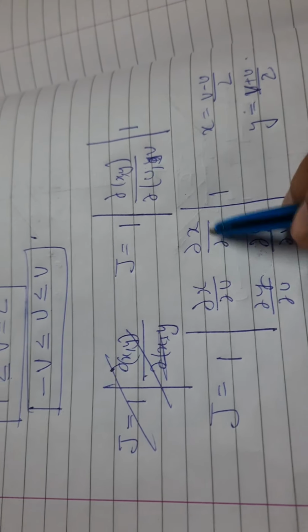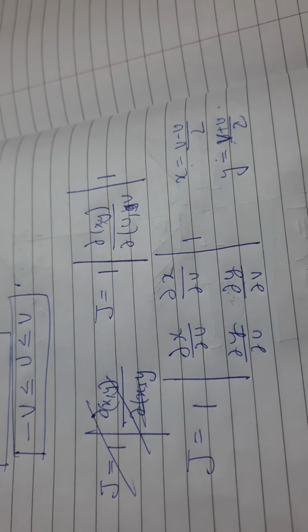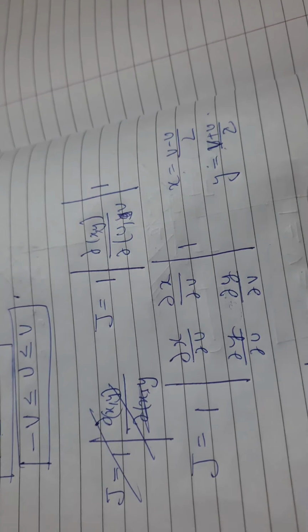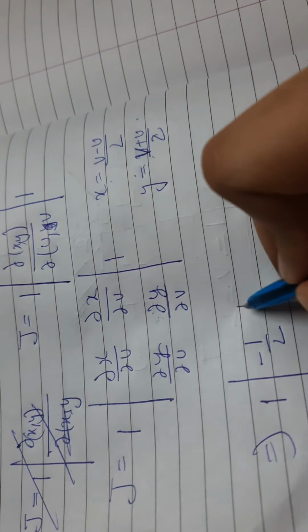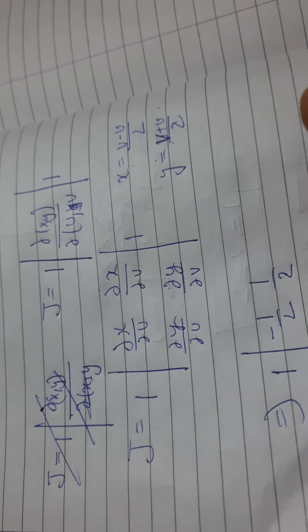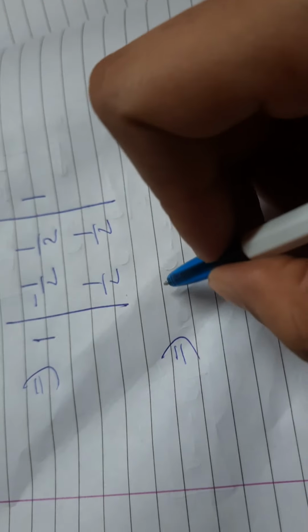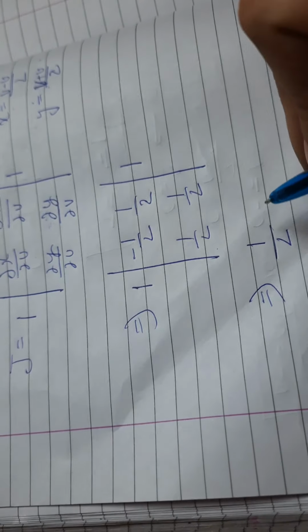If we partially differentiate these two equations, we get the values minus half and half, which equals half.